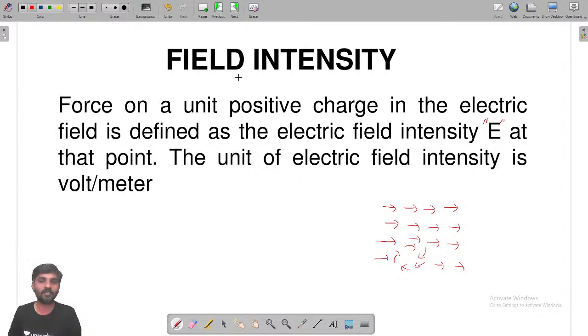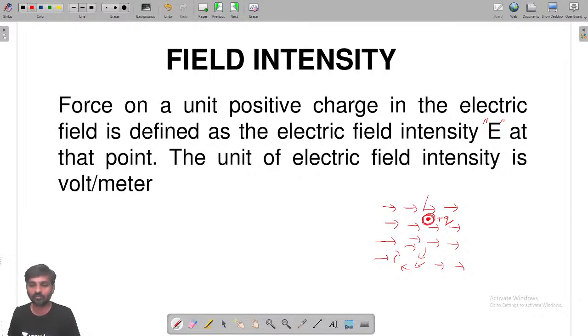Now I am going to put one positive charge Q here. What happens when a positive charge Q is placed in an electric field? Some force will be applied on it.